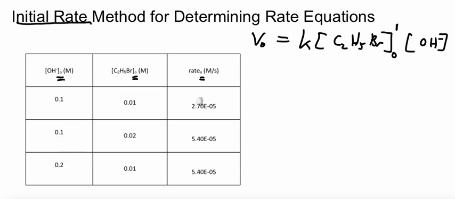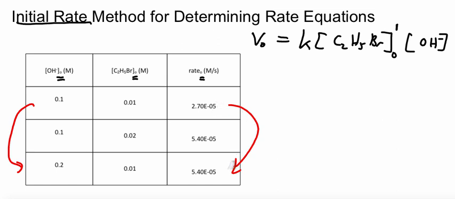And if we look at the rate, we can see whether or not this change from here to here affected these rates. Now, if it were zero order in hydroxide, we'd expect it to change the rate not at all. If it were first order, this doubling should lead this to double. If it's second order, then this doubling squared would be an increase by a factor of 4.